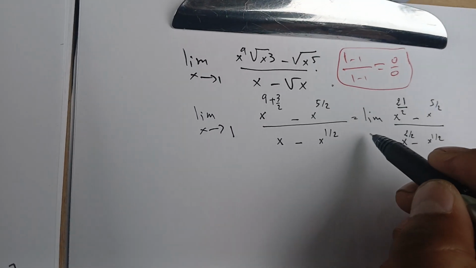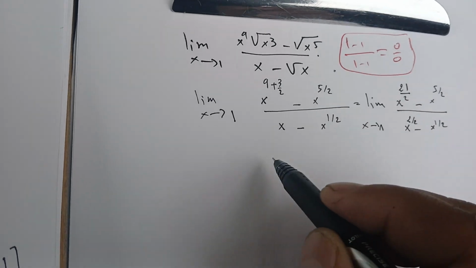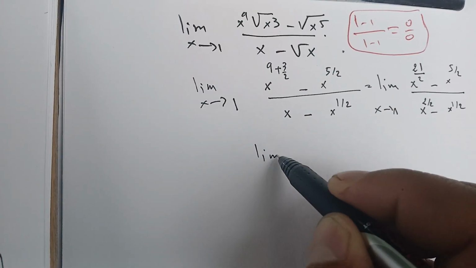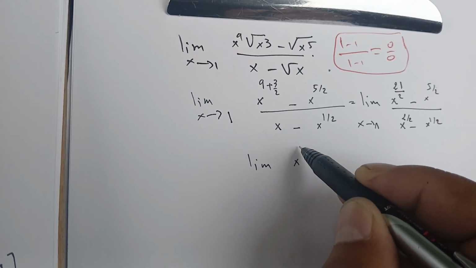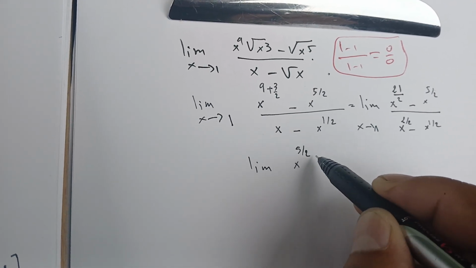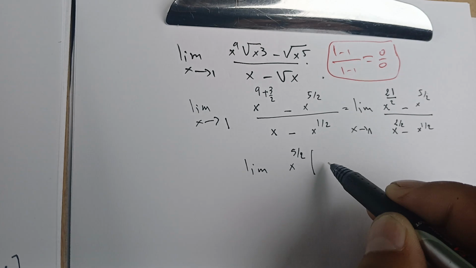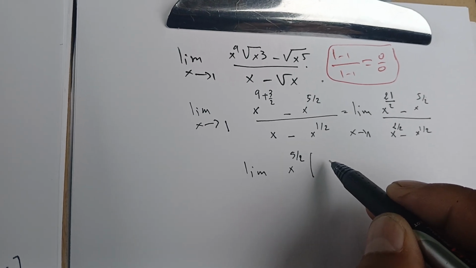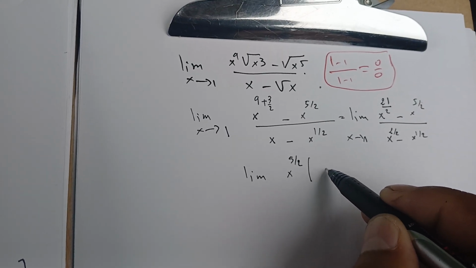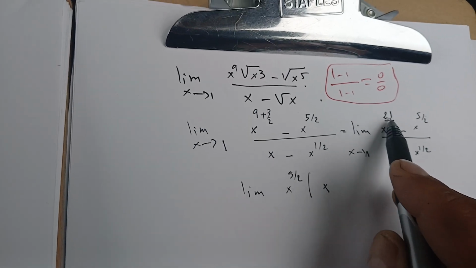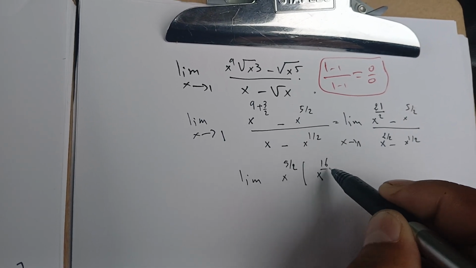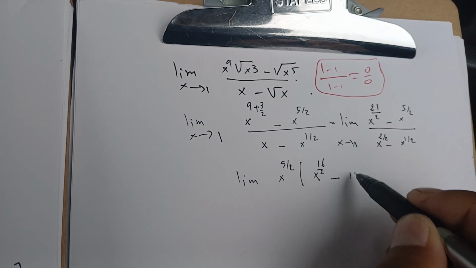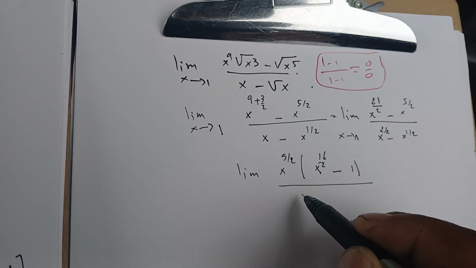So in the top one, if we try to factor out by this power, x to the power 5 over 2, we're going to have 21 minus this power, so we have to take it from this one here, so we get 16 over 2, let's keep it this way, minus 1, over the one down.